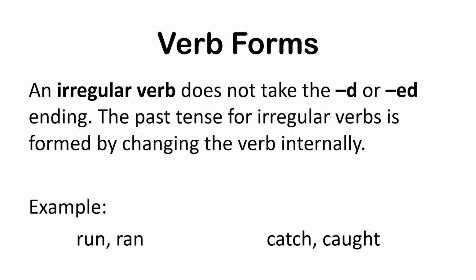An irregular verb does not take the d or ed ending. The past tense for irregular verb is formed by changing the verb internally. For example, run, ran. Catch, caught.